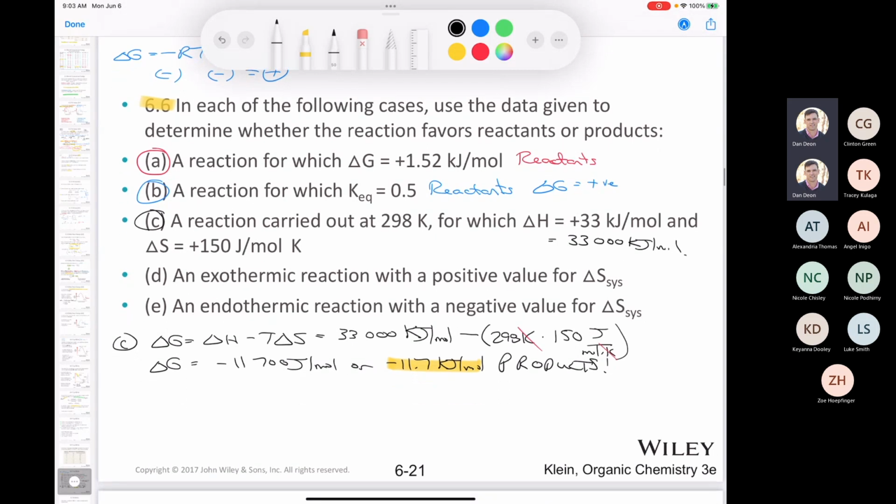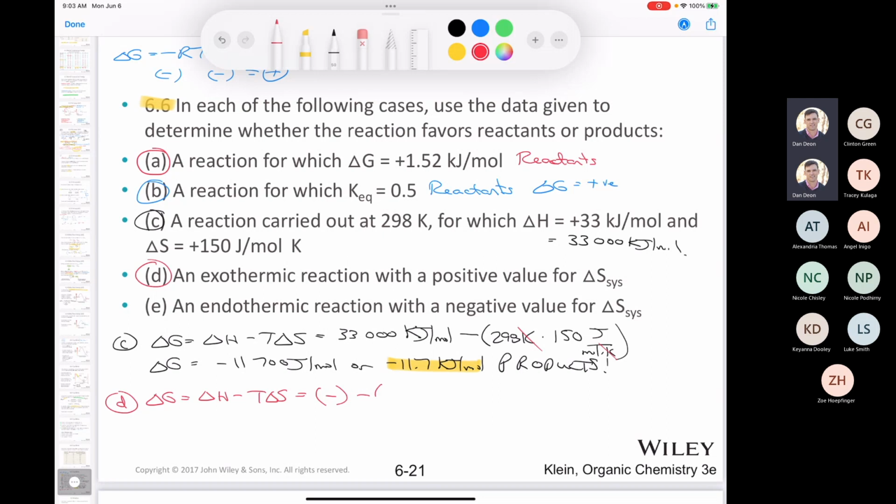Let's see. D. Oh, we really got a lot of questions in here. D says what? An exothermic reaction with a positive value of delta S of the system. So let's try that one. Same formula. Delta G is equal to delta H minus T delta S. So if it's exothermic, that means that my delta H is a negative number.